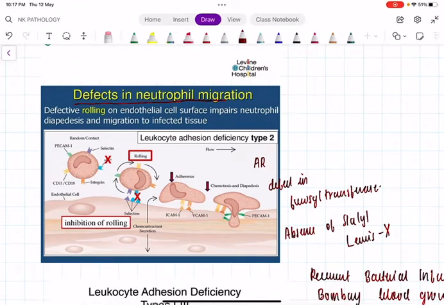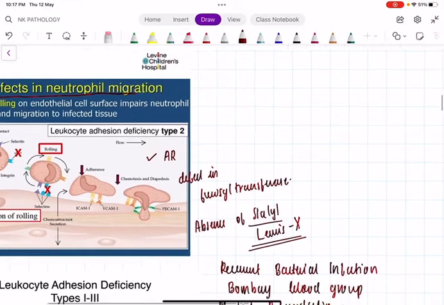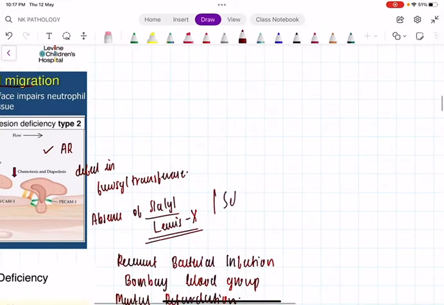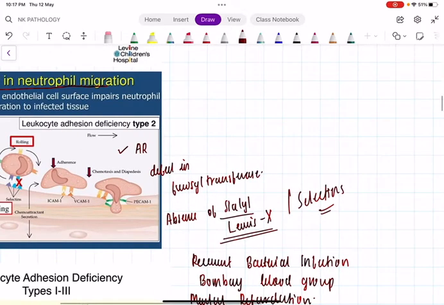Let us see what happens in leukocyte adhesion deficiency type 2. Type 2 is again autosomal recessive. There is a defect in sialyl Lewis X, or I can say there is a defect in selectins. LAD type 1 is integrin deficiency, whereas in type 2 selectins or sialyl Lewis X is absent, or there is a defect in fucosyl transferase.